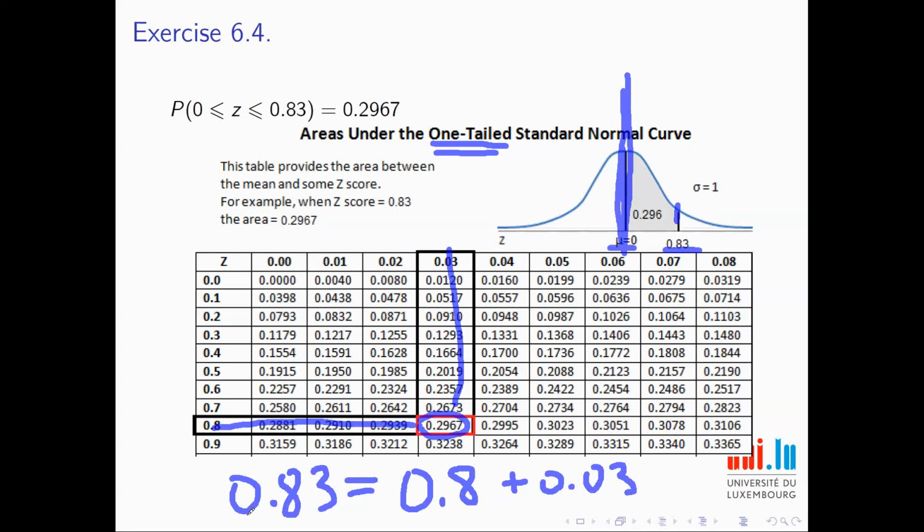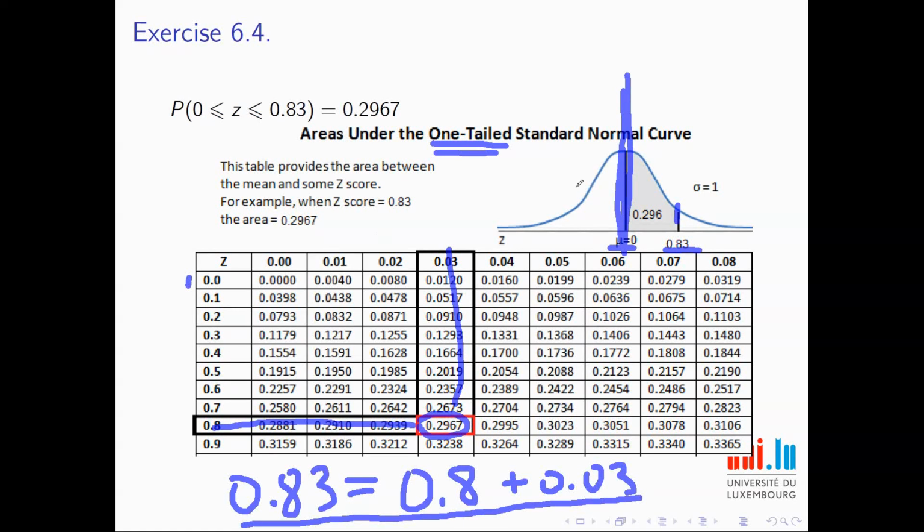I'm sure that this is a very trivial operation, but still you really have to remember that in rows tens are given and in columns hundredths are given. That is the way we use it.